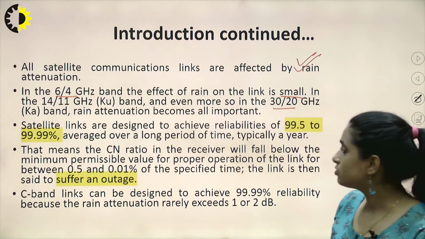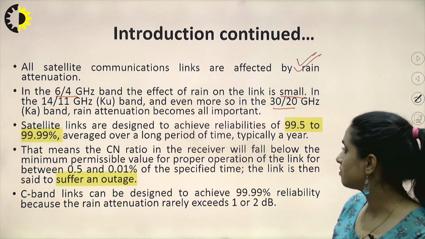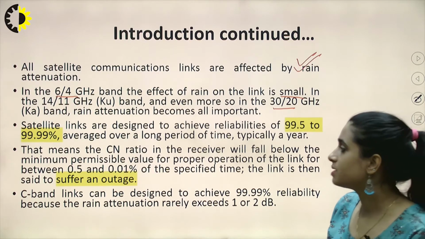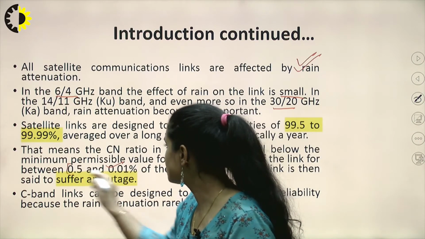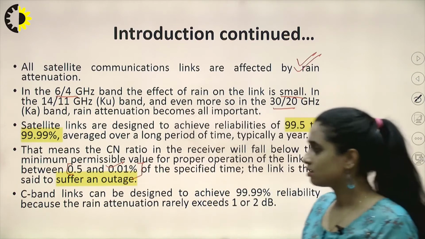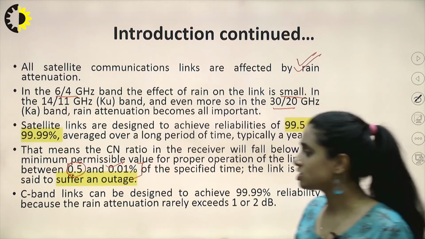It means that the C/N ratio in the receiver will fall below the minimum permissible value for proper operation of the link, and this much error is always received. We have to see this particular error in which bandwidth case.